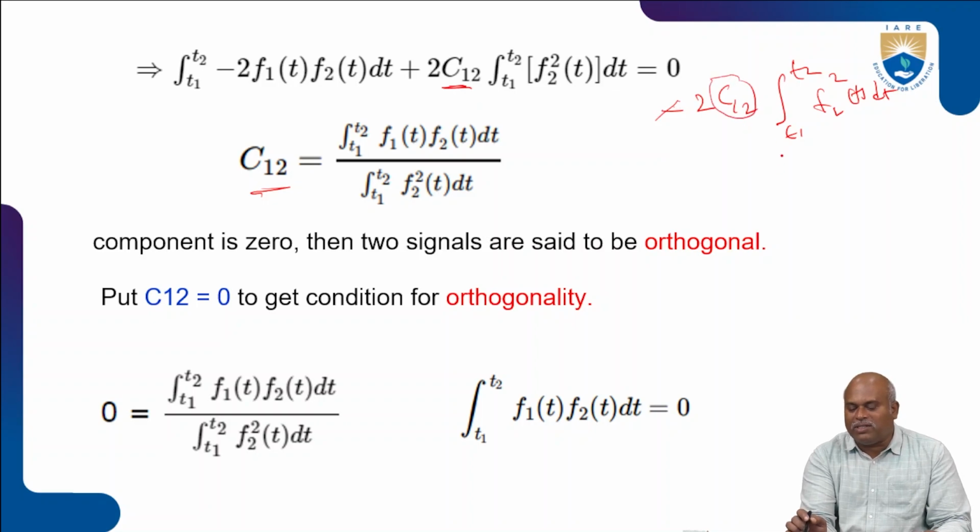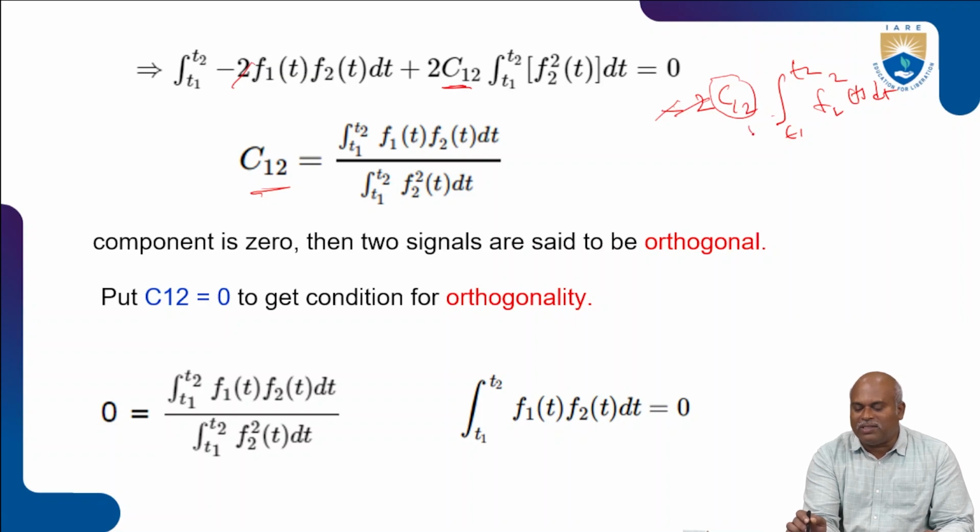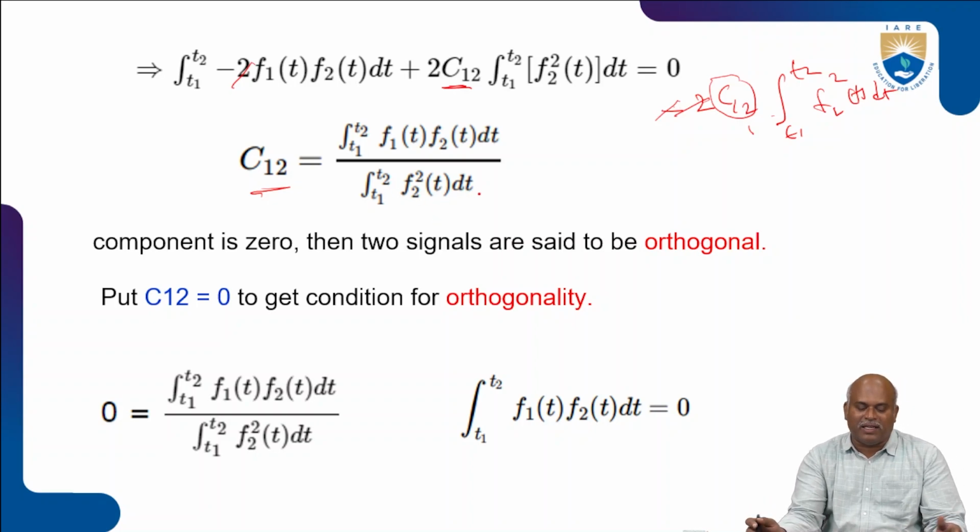Then for C12, the 2 and 2 cancel. C12 is represented as the integration from T1 to T2 of F1 of t F2 of t dt, divided by the integration from T1 to T2 of F2 square t dt.